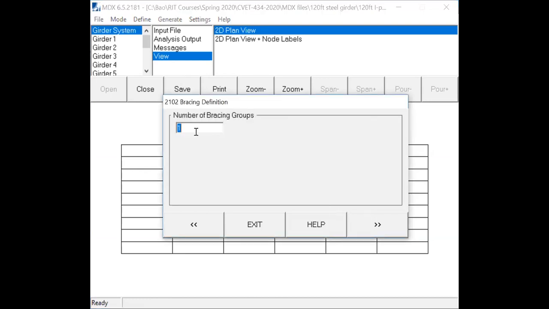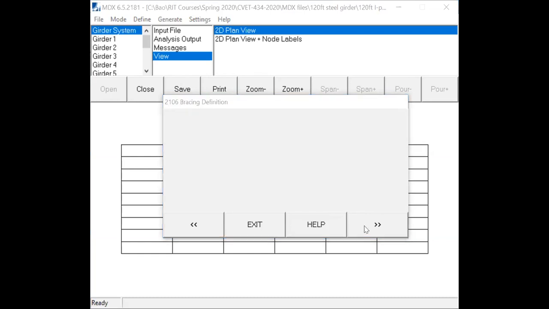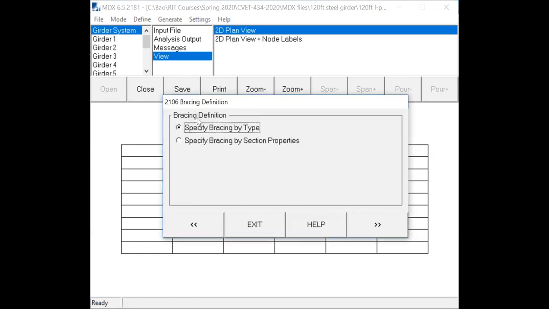And the number of bracing groups, in order to be simple, we just do one bracing group. Okay, so that means all the cross frames will be the same type, same configurations. And for the bracing definition, we will choose this, specified bracing by type.